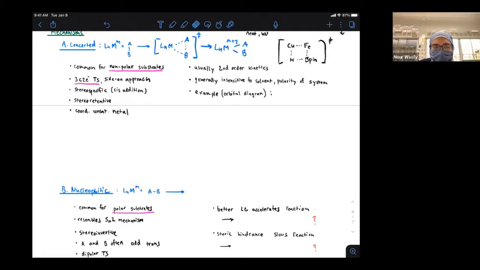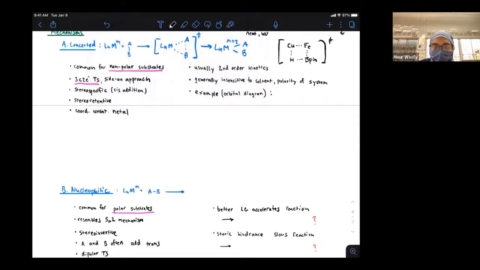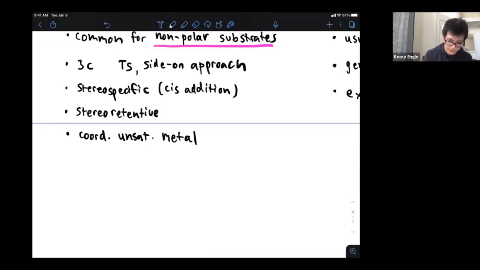I have a quick question. Sure. You mentioned it's a 3-center 2-electron transition state. Wouldn't it be a 3-center 4-electron, considering that the sigma bond of the AB system is also involved? Let me see. Yeah, I might have miswritten this. TAs, is that right? It should be 3-center 4-electron.